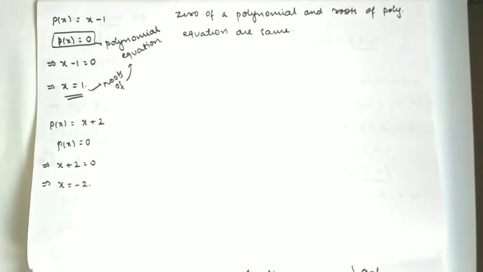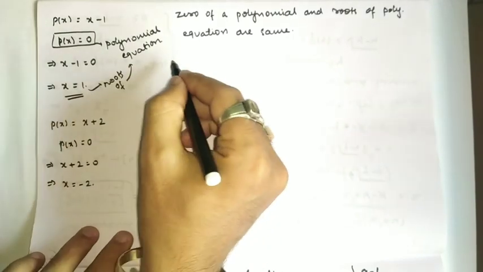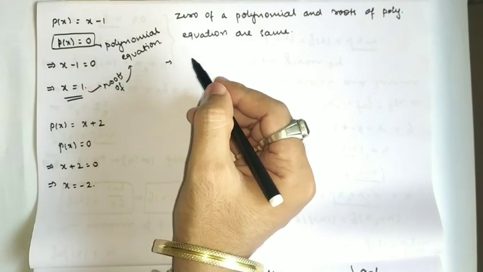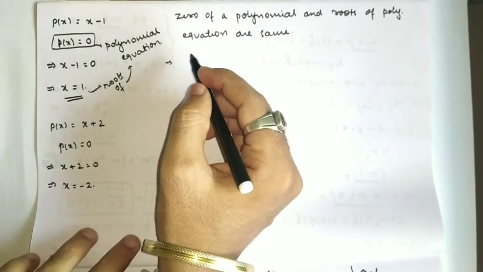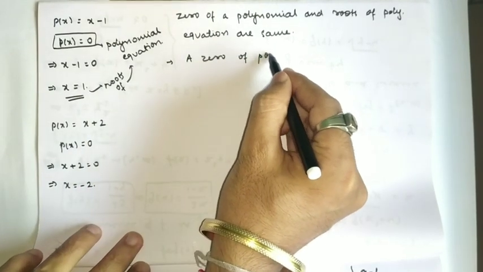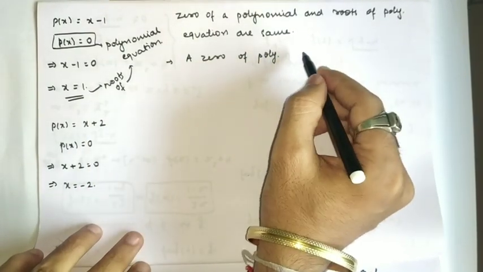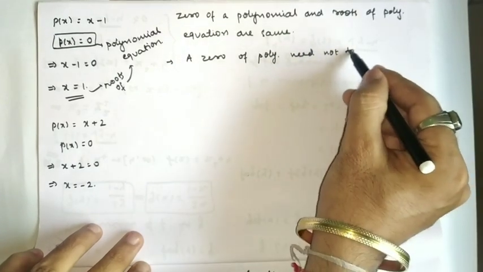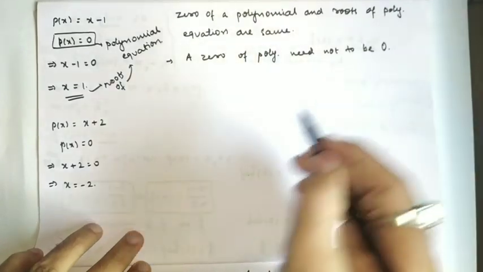But one thing you need to keep in your mind, 0 of a polynomial doesn't mean the value of x is 0. Not every time. What you need to keep in your mind is 0 of a polynomial doesn't mean a 0. A 0 of polynomial need not to be 0.